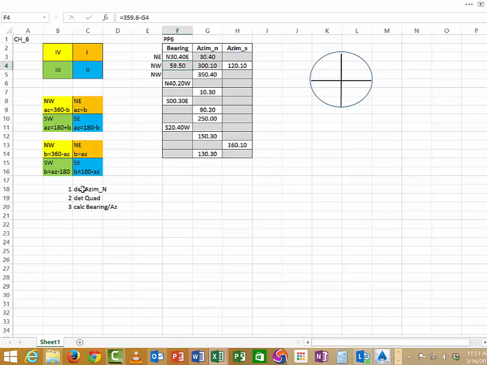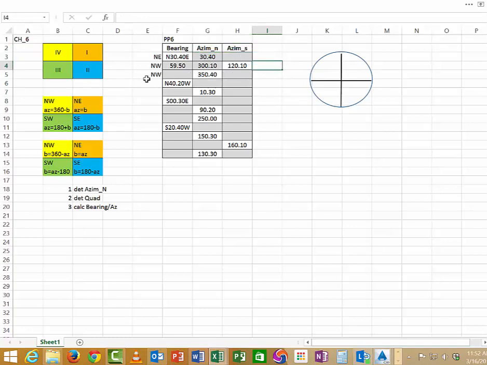This is my basic way that I do this. I determine the north azimuth so I can determine which quadrant and which formula to use, and then calculate my bearings, and then the azimuth. And these two typically deal with 180 degrees, not always, but typically.